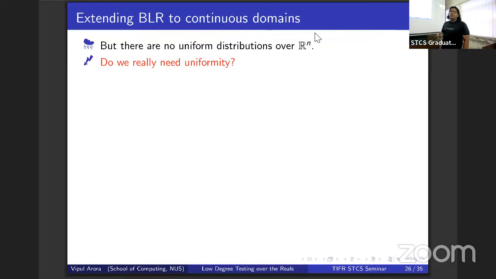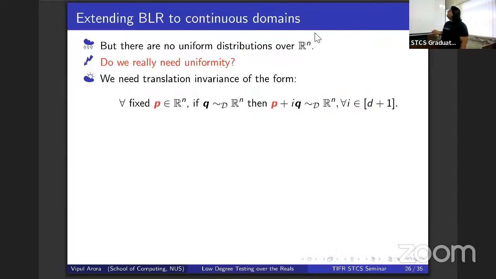The question is, do we really need uniformity? Turns out no. All we need is a translation invariance statement of this form. If you take any fixed point P in R^n, and the distribution of Q is according to some distribution D over R^n, you want to ensure that for all choices of i in 1 through d plus 1, these points P plus iQ, which are on this line L_PQ, have a distribution similar to the distribution of Q.